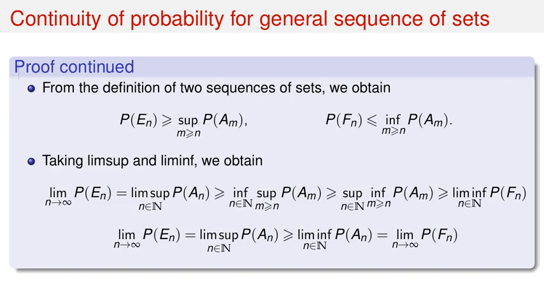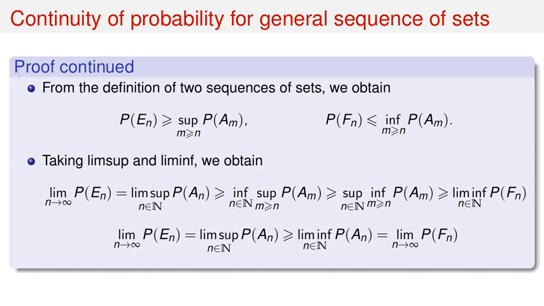Taking lim sup and lim inf of P of An, we can relate these. The limit as n approaches infinity of P of En, which is P of lim sup An, is greater than or equal to the lim sup of P of An. And the limit as n approaches infinity of P of Fn, which is P of lim inf An, is less than or equal to the lim inf of P of An.